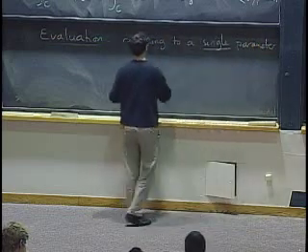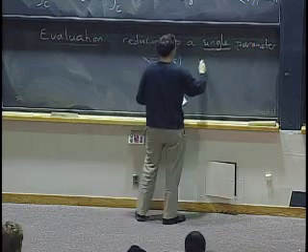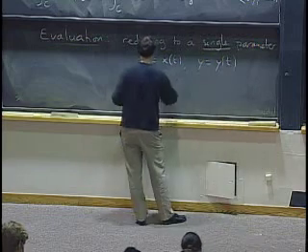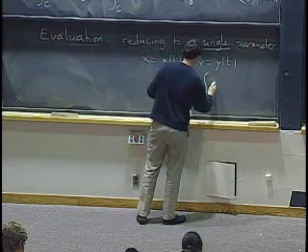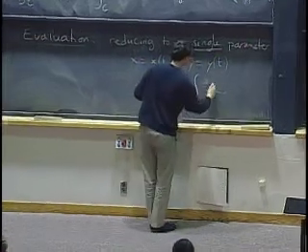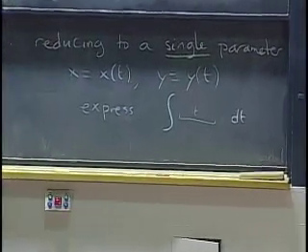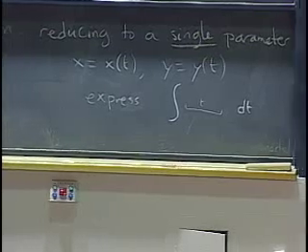So for example, maybe x and y are both functions of some variable t, and then you express everything in terms of an integral of some quantity involving t dt. It could be that you will express everything in terms of x or in terms of y or in terms of some angle or something.